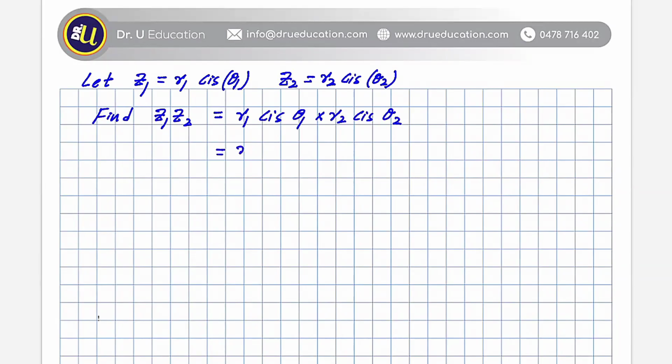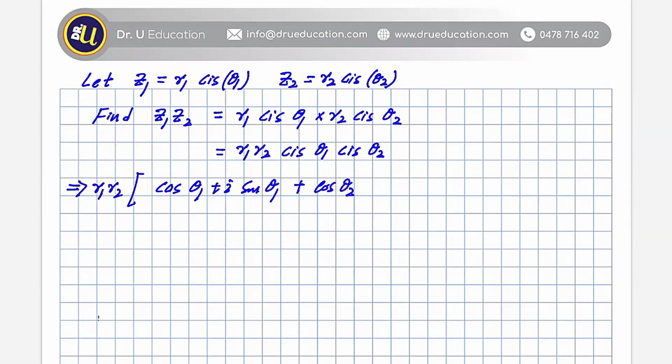So this is going to be this. So cis theta 1 is cos theta 1, I sin theta 1, cos theta 2, I sin theta 2. Oh, multiplication, right?